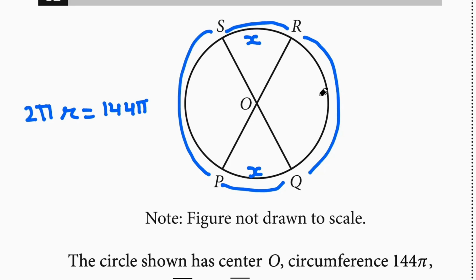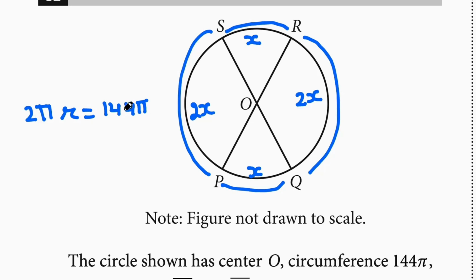That means if PQ is x, RQ is 2x and so is SP. So instead of finding the radius, we have to find whatever is required according to the data given, and here it's about the length of arcs.